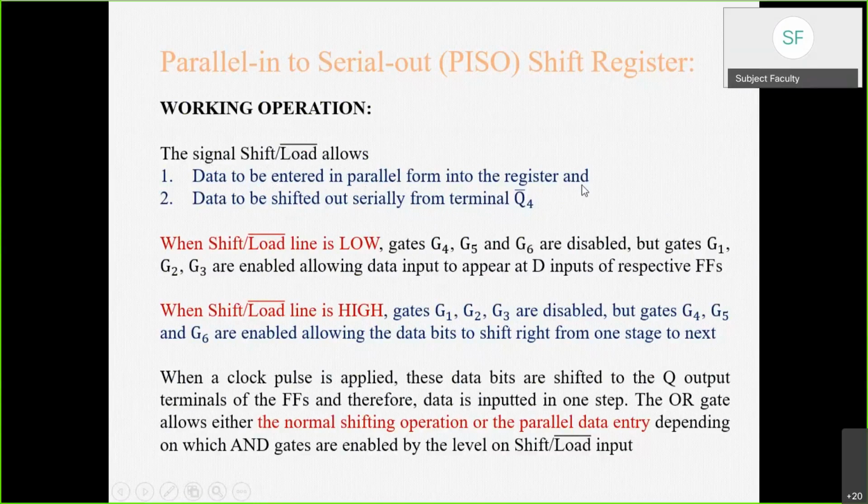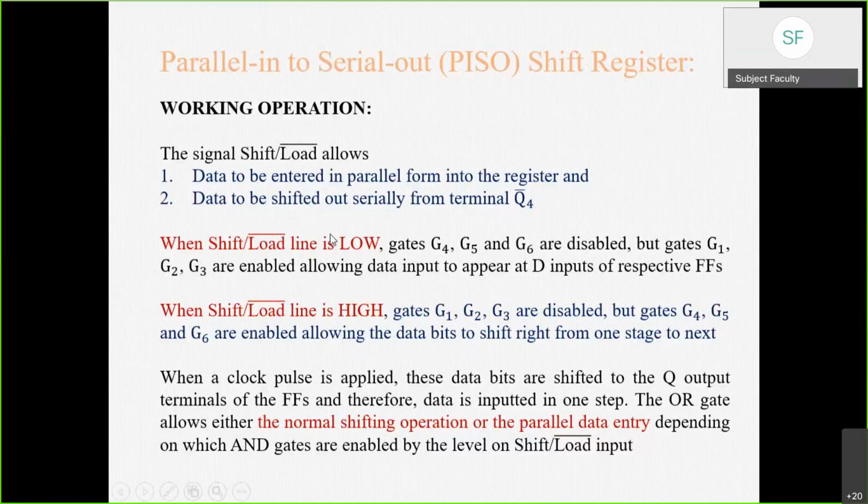So the first function is basically saving. That means whichever data you are applying at the input should appear at the flip-flop. The flip-flop should save it. And once you save that, the second function is the data to be shifted out serially from the terminal.